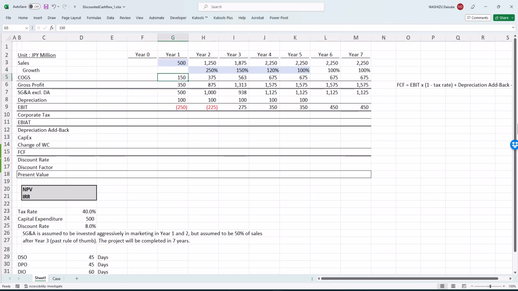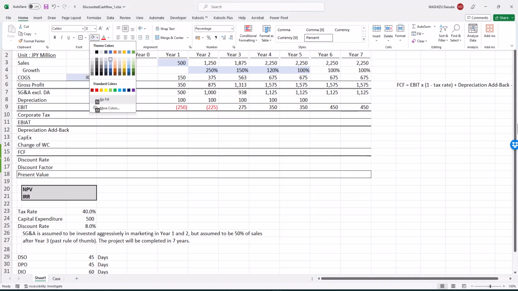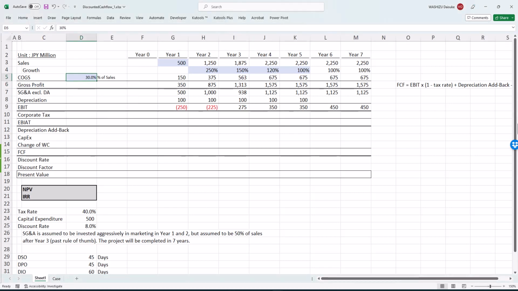Okay, and we can also put the simulations on the COGS, which is 30% of the sales. Percent of sales, how much? 30%. Okay, I colored the input cells. So the COGS amount should be the sales amount multiplied by the percentage of sales.